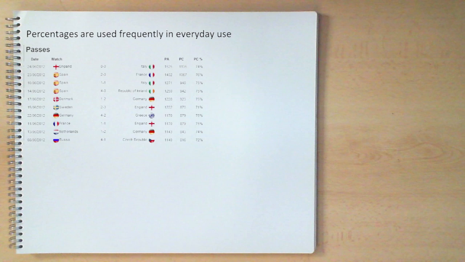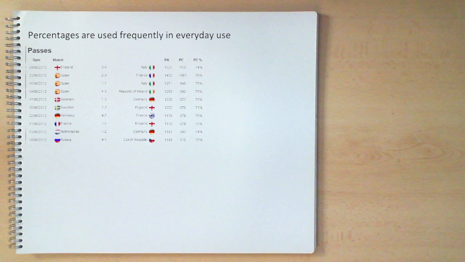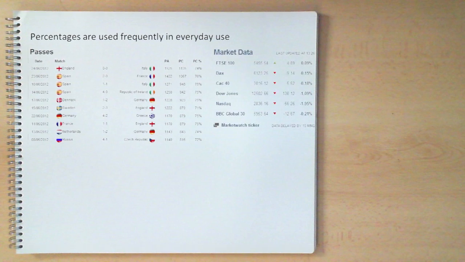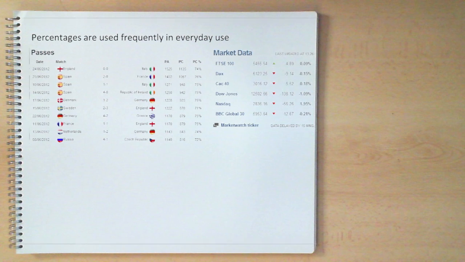Because percentages are so easy to compare in this way, they're used very frequently in lots of everyday situations. So for example, you will have seen it in the recent European football championships, where pass completion was quite a high interest to some people. We see it in financial data, where we look at the movement in shares on the stock exchange.